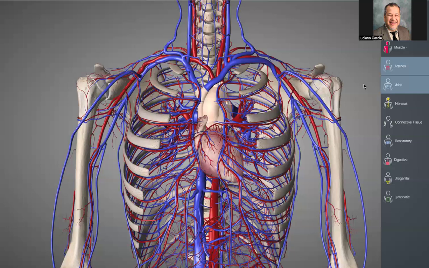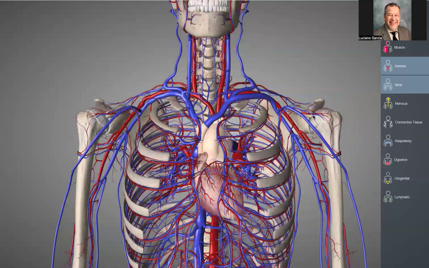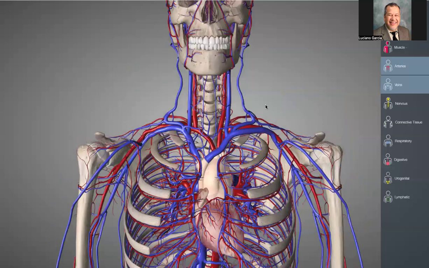I can see some exceptions here off to the left where I have my cursor. I see this vein here, but I don't see many arteries there. Same thing on the right: vein, but I don't see much artery. Up here going to the brain, similar. I see this external jugular vein. Let's highlight it.